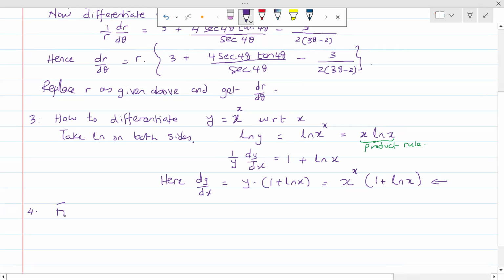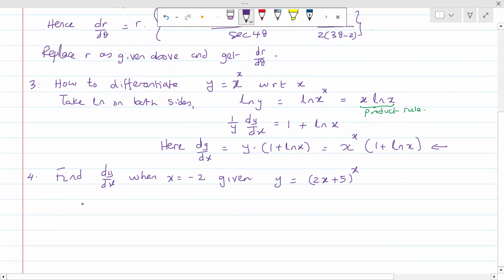So another example, find dy by dx when x equals -2, given y becomes (2x plus 5)^x. So again, what do we do?